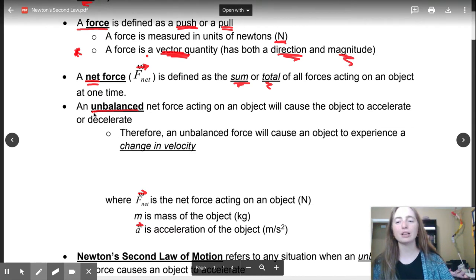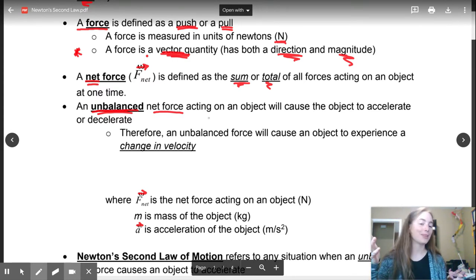An unbalanced net force means that you are going to have more force on one part than another. So in the case of me dropping the mug, we would absolutely have the force of gravity being greater than any other force on it. So the mug would accelerate at 9.81 meters per second squared towards the ground.